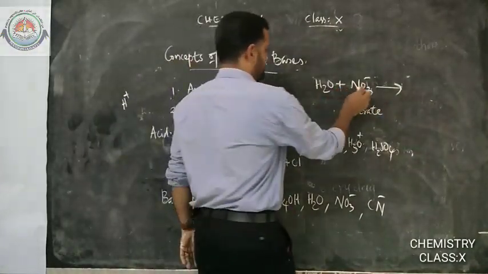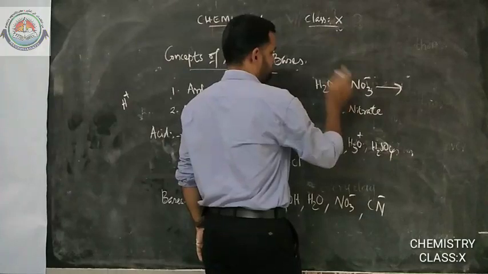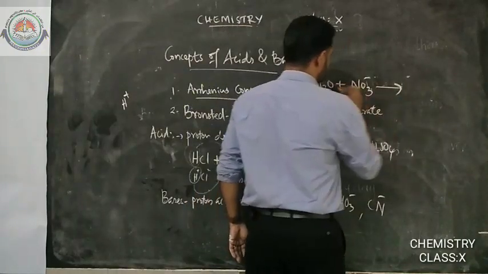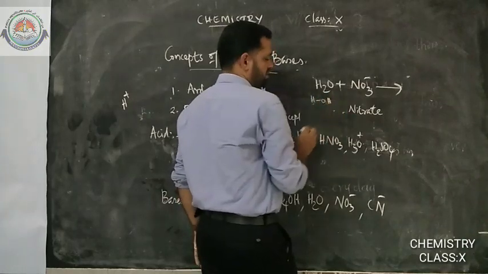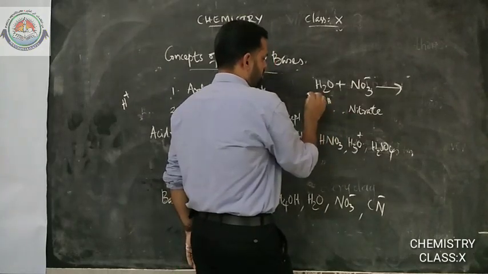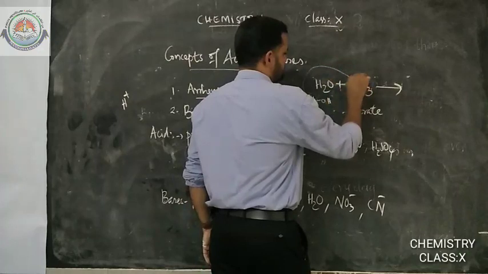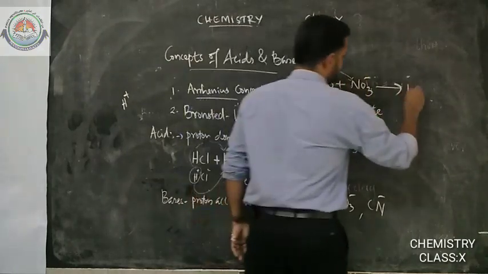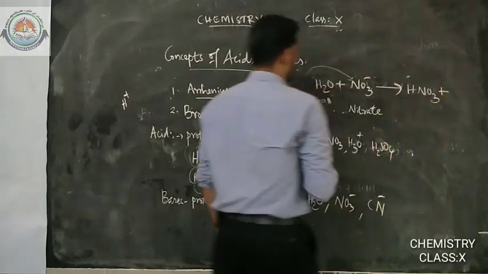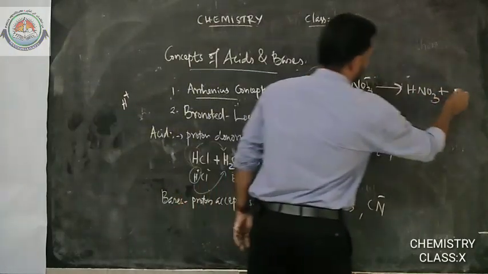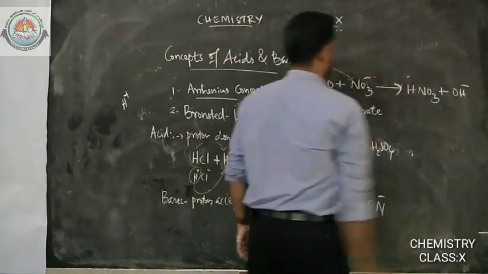One of the hydrogens of HOH, that is water, reacts with NO3 minus, and it forms HNO3, that is nitric acid, plus OH minus ion.